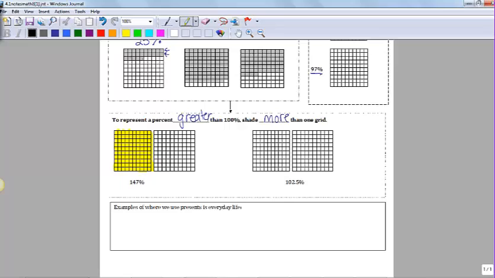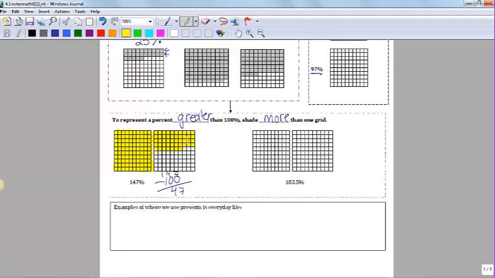So if this is 100 that's already taken care of, 147, 47 more squares to go. So in the second grid here, we've got rows of 10, so they're going by 40, and then 7. 1, 2, 3, 4, 5, 6, 7. Great. Now, that's what happens when we have more than 100%.